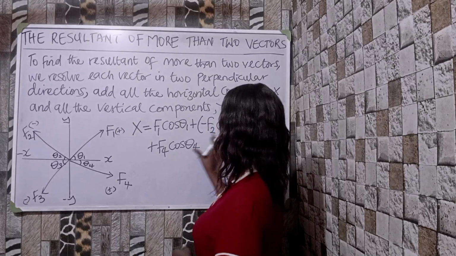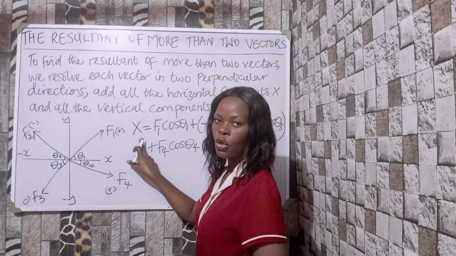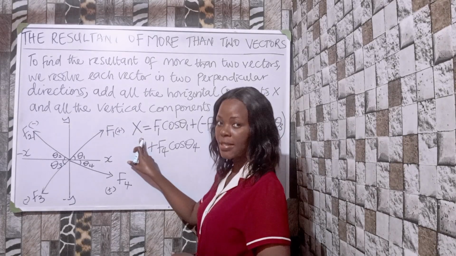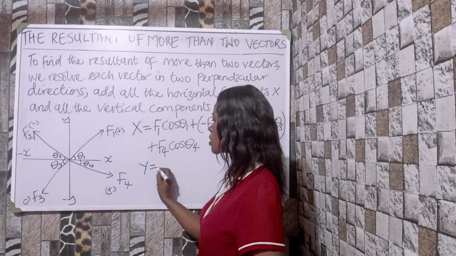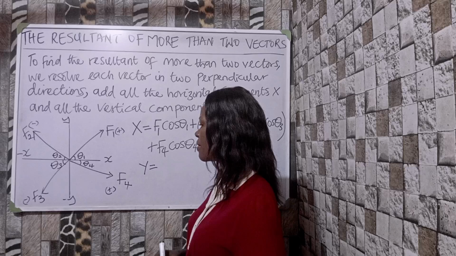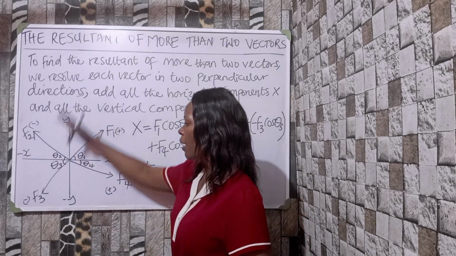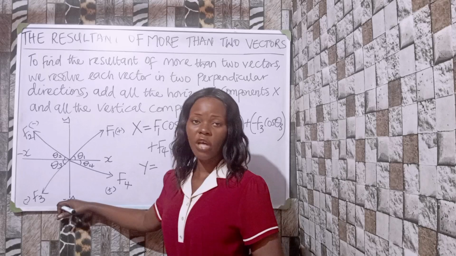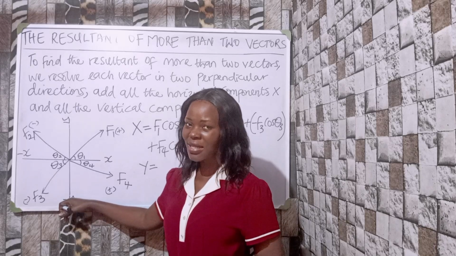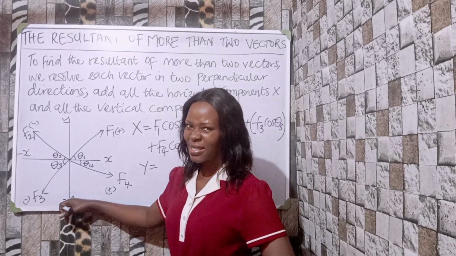Now we are able to resolve all of them into the horizontal component at the same time. So let's look at the vertical component, which is y. Vertical is up and down. If you are resolving the vertical component, we assume that the horizontal does not exist.